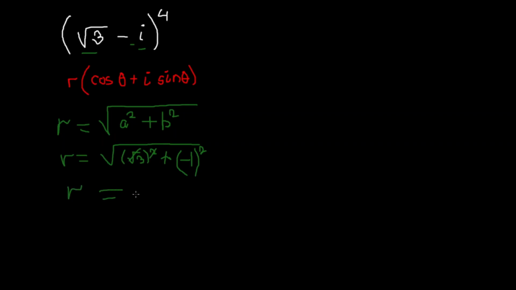So r equals the square root of 3 plus 1, because negative 1 squared is just positive 1. So 3 plus 1 equals the square root of 4, which is the same as 2. Alright, so now we know our radius, which is 2.